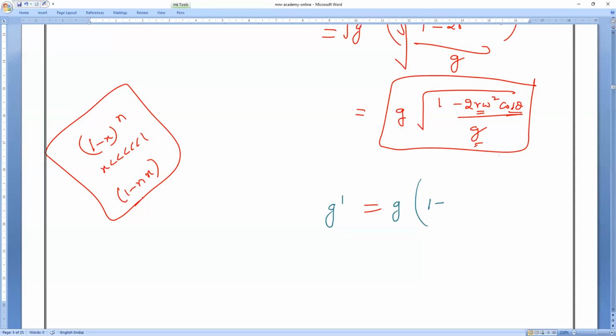Now I can replace it here, in place of r omega square cos theta. Something I have to replace. So this square root, I can write as (1 minus 2r omega square cos theta divided by g) whole power 1 by 2. That is what I can modify.